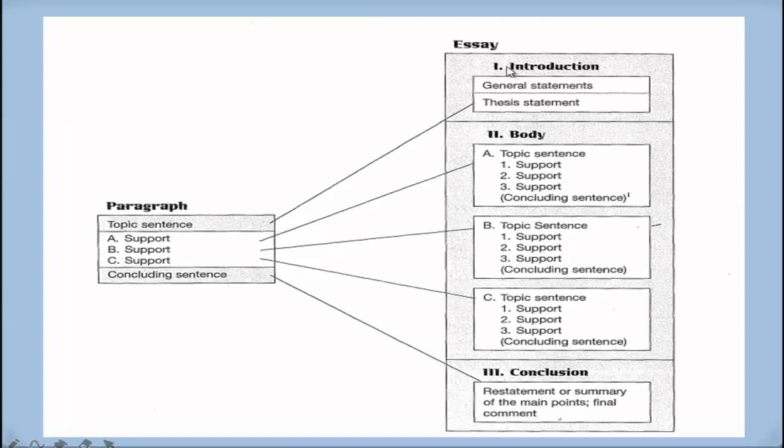In an essay, the topic sentence becomes the introduction, which consists of a general statement and a thesis statement, and the supporting sentences become the body, with a topic sentence for each paragraph. The concluding sentence becomes the conclusion in the essay, which is the restatement or summary of the main point or a final comment.